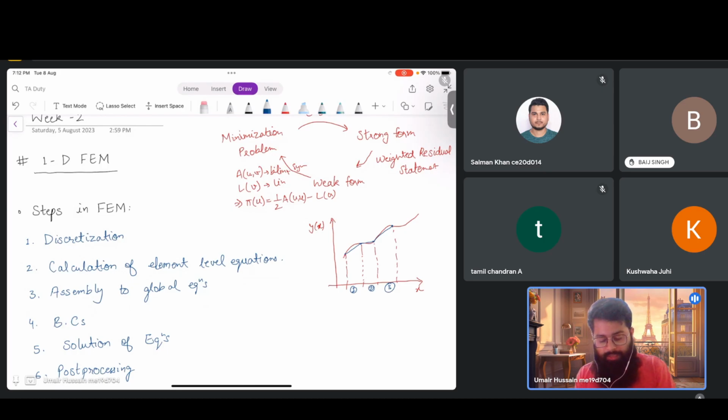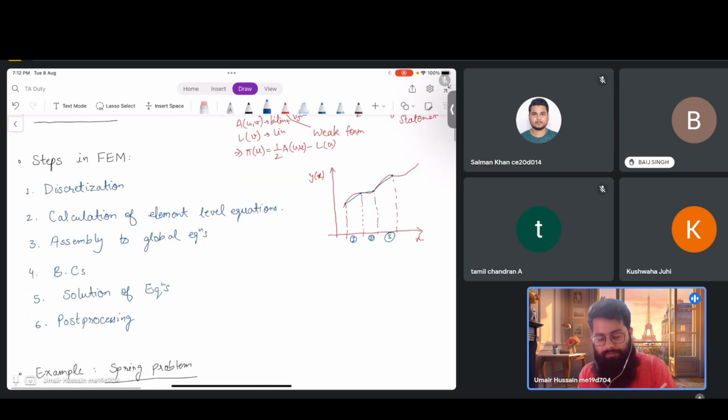After that, maintaining the continuity of each element, we assemble the element level equations to the global level. Finally, that gives our final system of equations, which is equal to the number of nodes in the system.